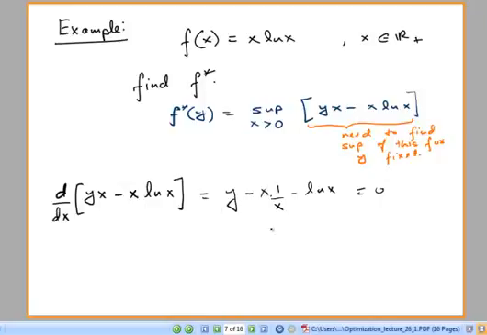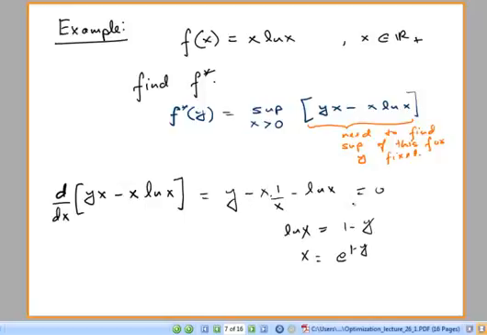Correct? What do you get? We get that y minus 1 is equal to minus log x, therefore log of x is equal to 1 minus y, which is giving us that x has to be the exponential of 1 minus y. Correct? Did you do the calculation right? That's 1.